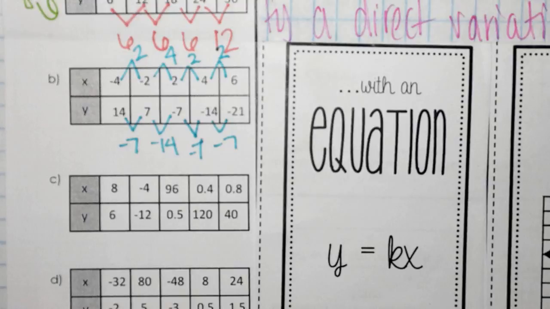And if you don't believe me, everybody take your calculator or your cell phone. Either one. Do negative 7 divided by 2. Put the minus. Give me just a second. Alright, and then do negative 14 divided by 4.